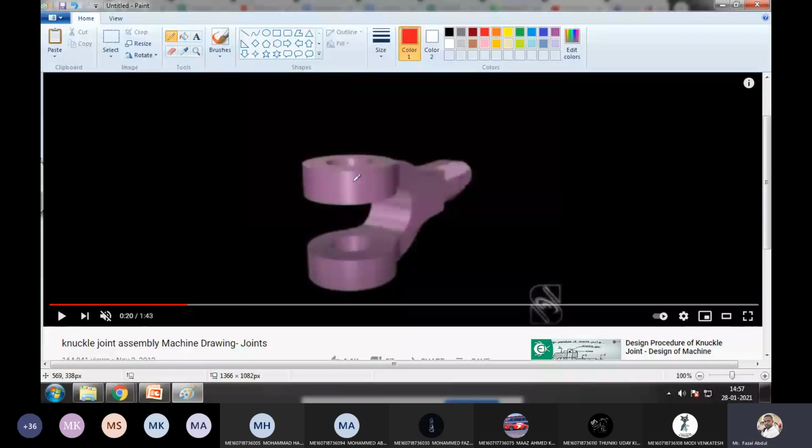Now this rod is going to fail in tension because of the application of load PT here, and another load PT is applied on the other end.